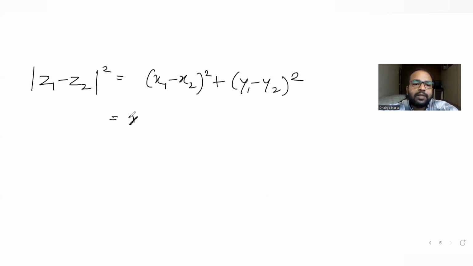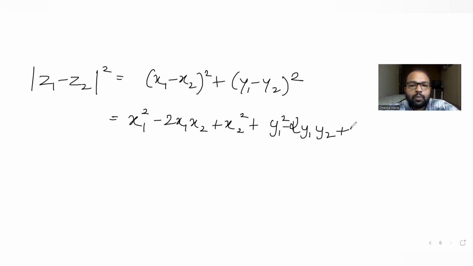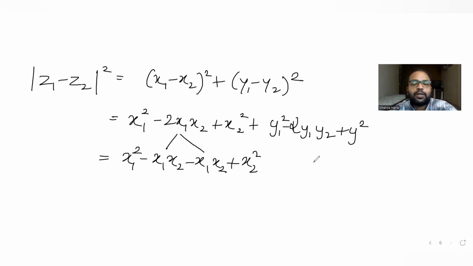If I expand this idea, I get x1 square minus 2 x1 x2 plus x2 square plus y1 square minus 2 y1 y2 plus y2 square. Now if I expand this entire idea, I can write x1 square minus x1 x2 minus x1 x2. Instead of writing minus 2, I'm splitting it as minus x1 x2 minus x1 x2. We need to consider the signs.